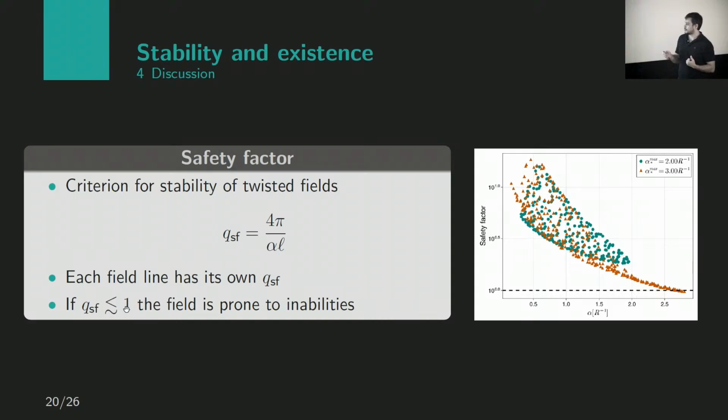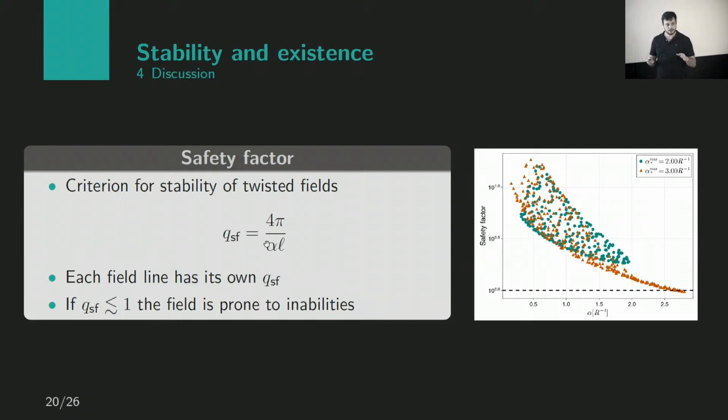Another way to check if your solutions are stable or not is to use the so-called safety factor. Safety factor is a criterion per field line, let's say, used usually in twisted fields to determine if your field is prone or not to instabilities. It is defined as 4 pi over alpha.